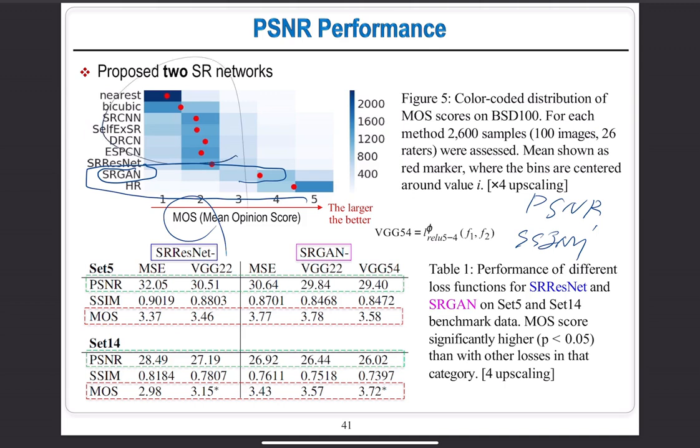This confirms that perceptual loss leads to images that look better to the human eye, even if PSNR, SSIM and some evaluation metric values are slightly lower than the previous one, and just similar to the HR target image MOS score.